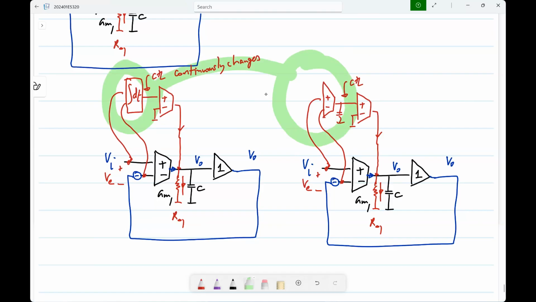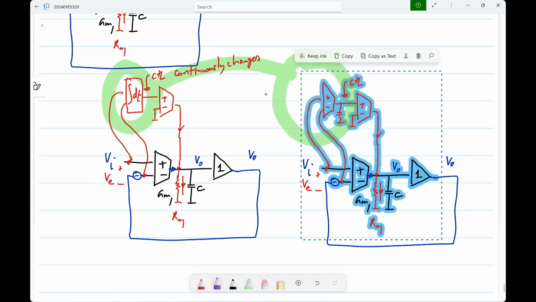This is fine. Now, of course, let's say this is not good enough. What do you do next? Compensate. With what? So now this whole thing is a better op amp than before, and you can put that in place of the integrator and so on. You can keep going.